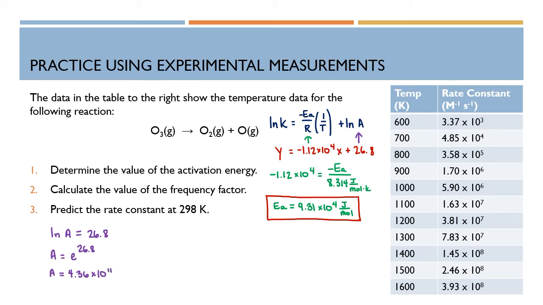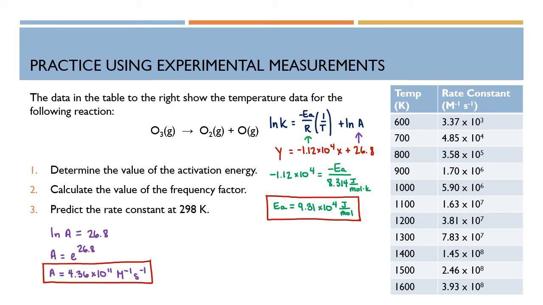The units for the frequency factor are going to be the same as the units for the rate constant. So meters to the negative 1 times seconds to the negative 1. So A, my frequency factor, is 4.36 times 10 to the 11th per meter second.